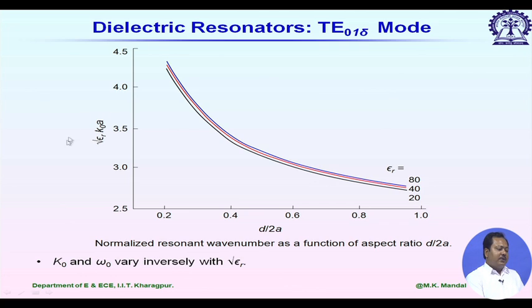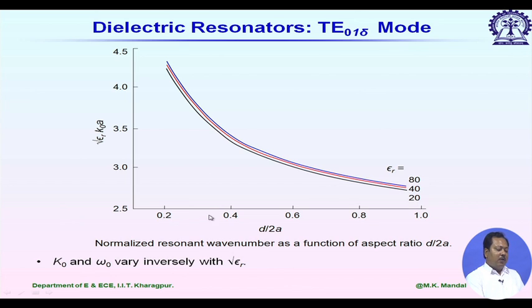So, as a whole it becomes a frequency parameter. We can see that if we increase the aspect ratio d by 2a, then the resonant wave number decreases, or in other words, the resonance frequency of the dielectric resonator decreases.